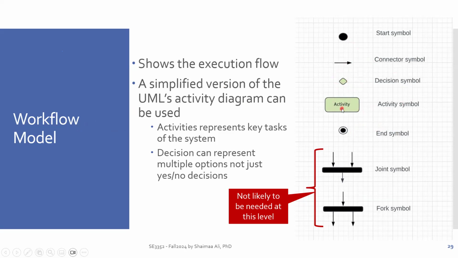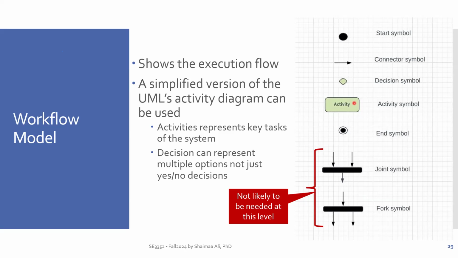And it is very important to know that we're not talking about actions done on the system in terms of clicking a button or opening a drop-down menu or clicking on a link. No, here at this point, we're talking about activities or actions from the business point of view.